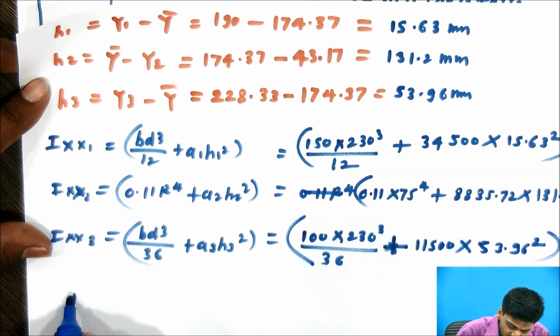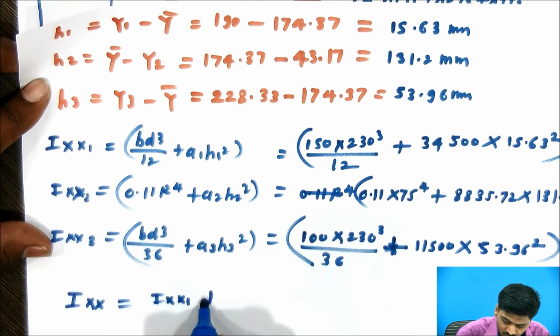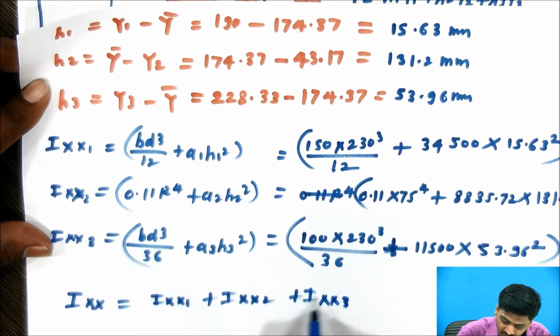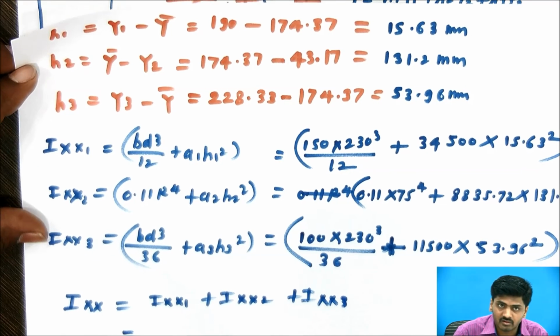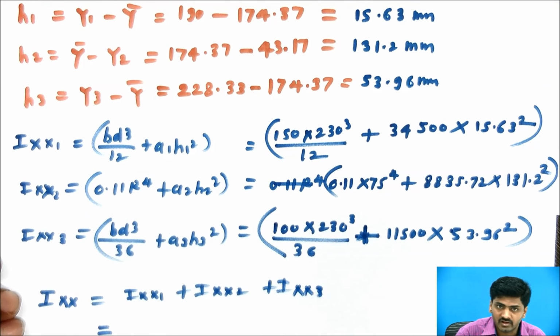So the total Ixx is equal to Ixx1 plus Ixx2 plus Ixx3. Let's do the calculation and try to identify it.